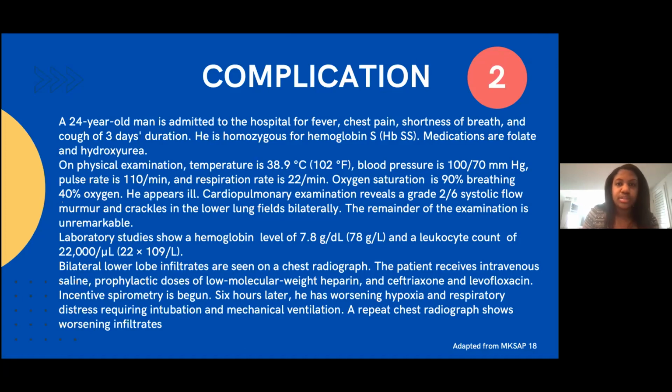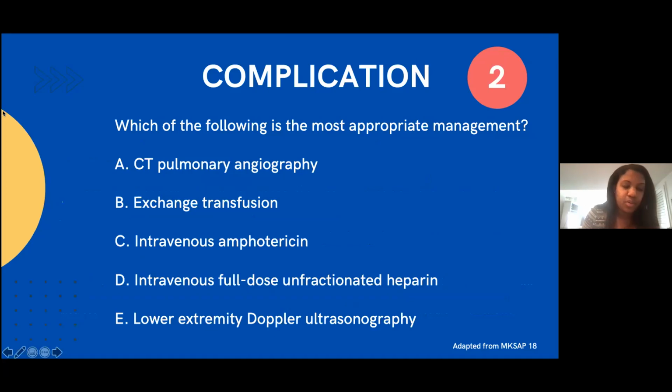So I'll go to the next slide here. I didn't make this a poll, but just feel free to drop a letter in the chat. Which of the following is the most appropriate management for this patient? CTPA, exchange transfusion, IV amphotericin, full dose heparin, or Doppler?